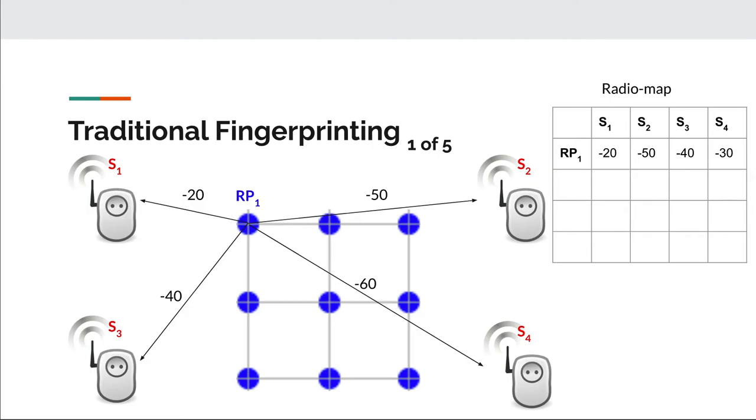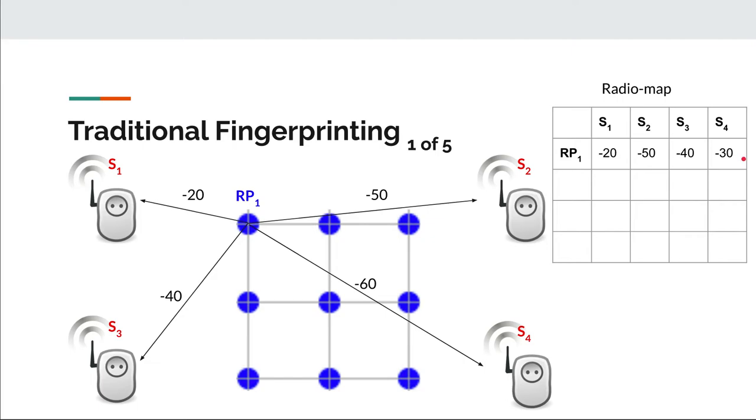For example, we are at reference point 1 or RP1, and the RSSI measurements from the 4 sensors are -20, -50, -40, and -60. We will record this data in a row in something called a radio map. In other words, what we're doing is to use a vector of RSSI measurements to represent a reference point.